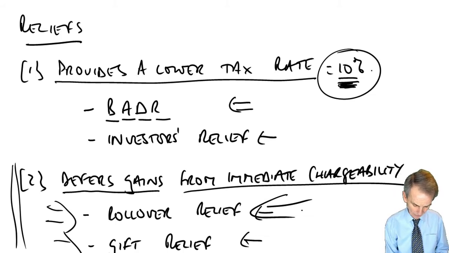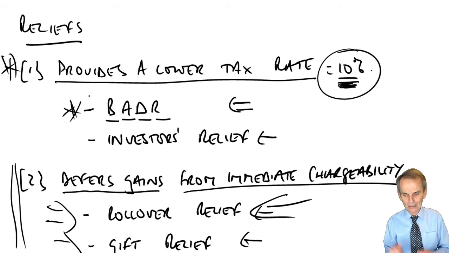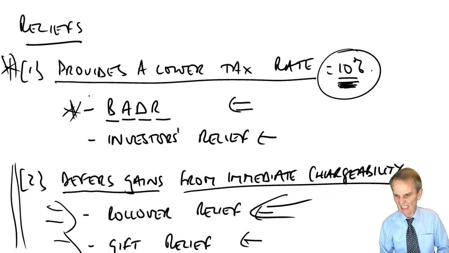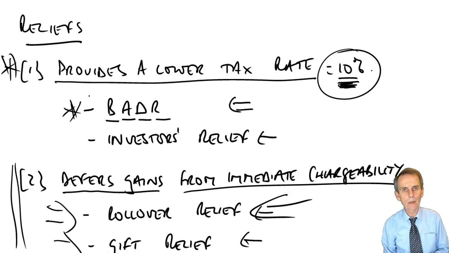But in this first category that we're looking at, business asset disposal relief, we're either dealing with an unincorporated trader selling the entire business or a part of that business that can be run as a separate trade there. It is not selling an asset used within the trade. Or we're dealing with an individual who disposes of qualifying shares in a qualifying company. And again, we'll see the detail of that in just a short while.